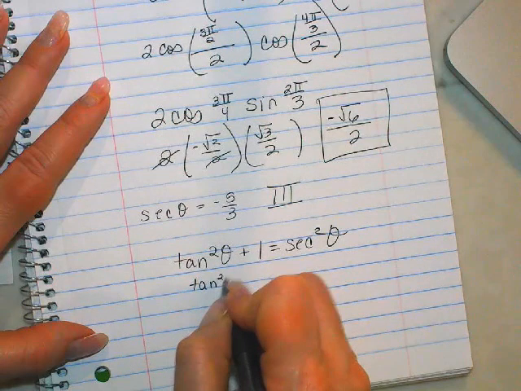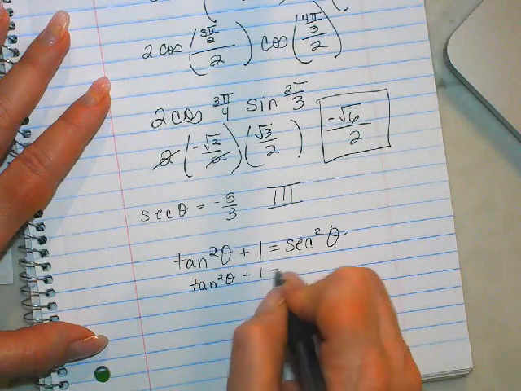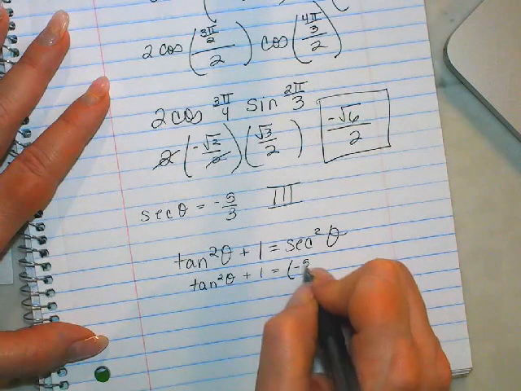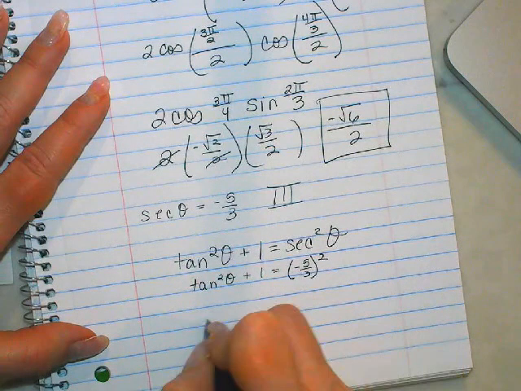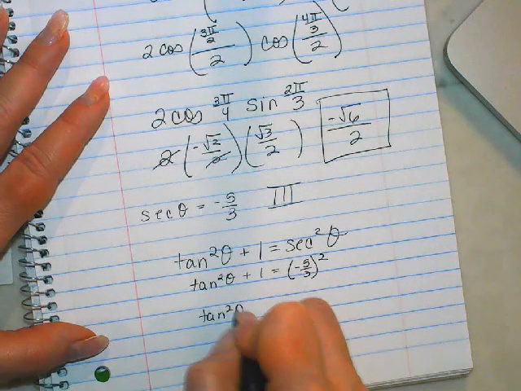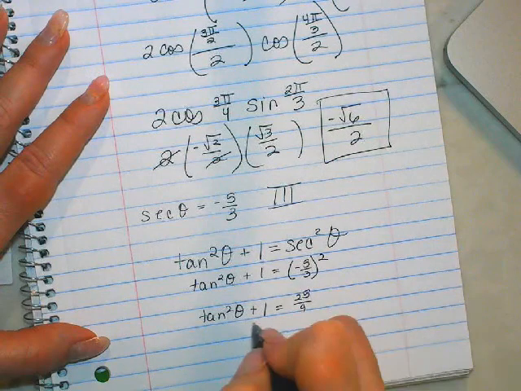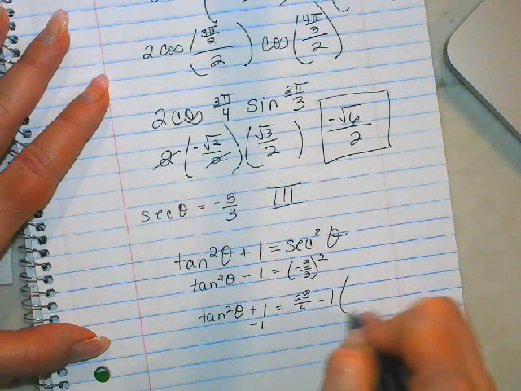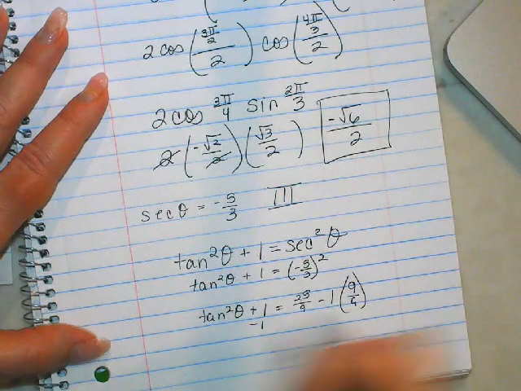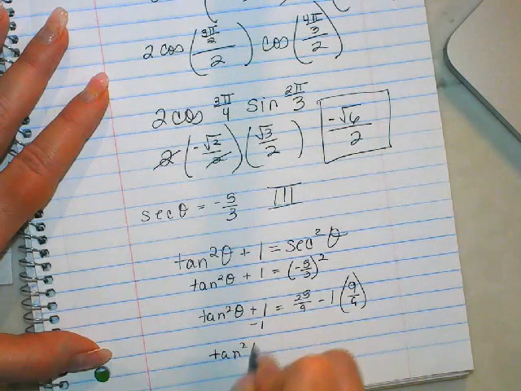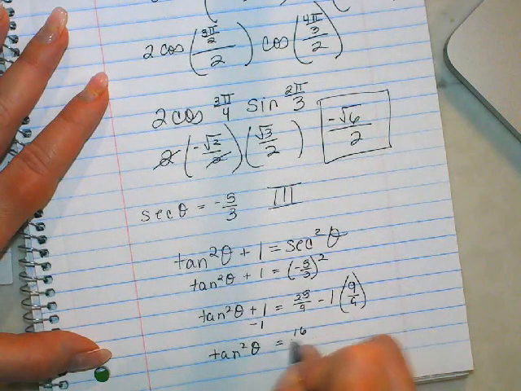And they gave me the secant, so I'm just going to plug that in. So tangent squared theta plus 1 equals negative 5 over 3 squared. Tan squared theta plus 1 equals 25 over 9. Subtract 1, which I could rewrite as 9 over 9.